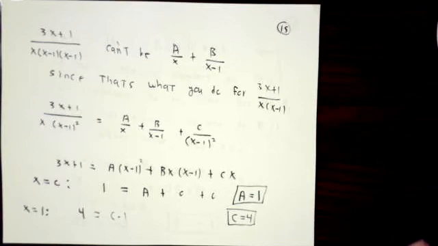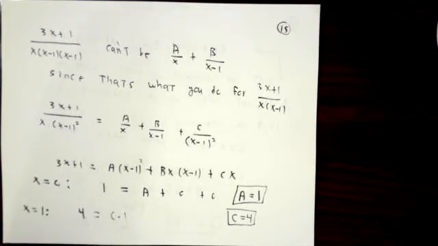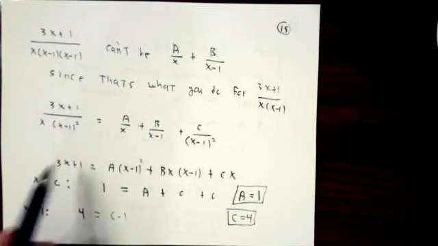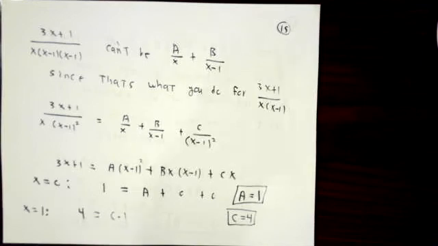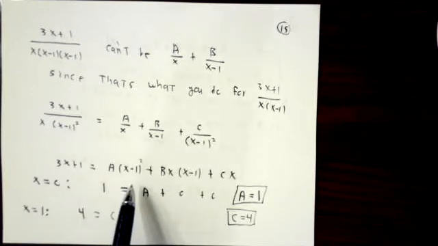Once again, I should never plug x equals 1 or x equals 0 into this, but by now we understand that that's exactly what we should do, but only after we've gotten rid of the fractions. So multiply through by x times (x − 1) squared. Over here, all that's left is the top of the fraction. In this chunk, the x cancels out, but the (x − 1) squared didn't.